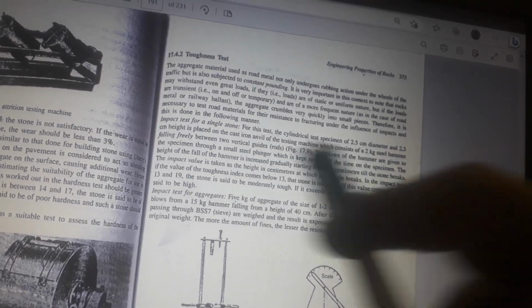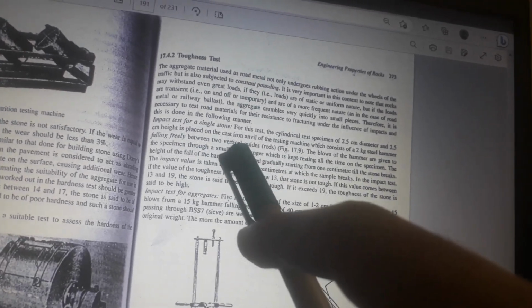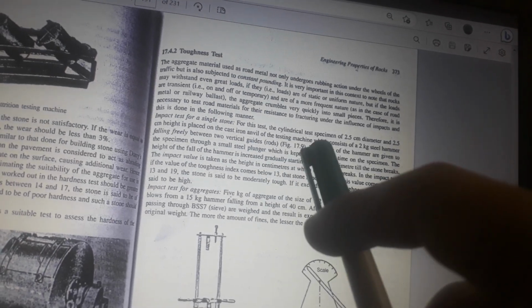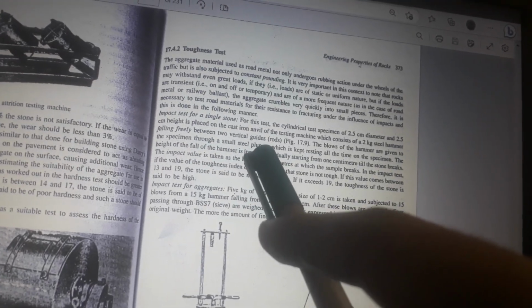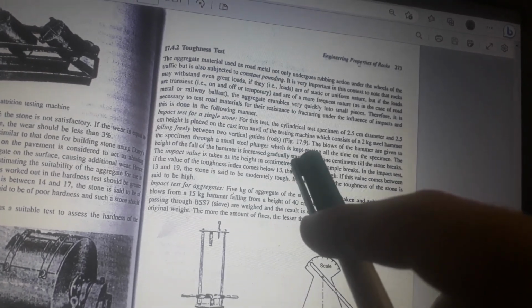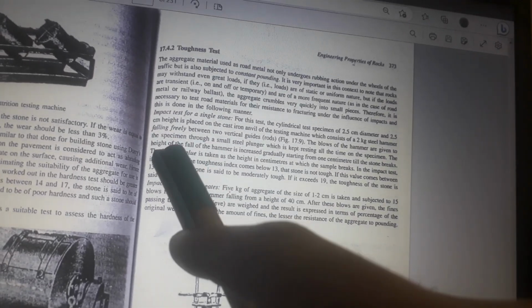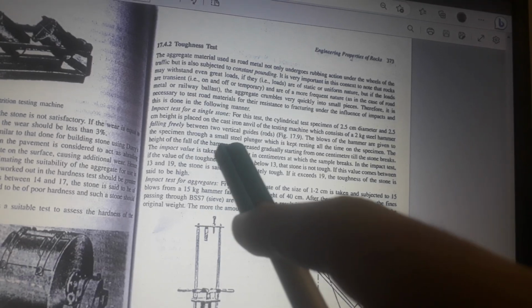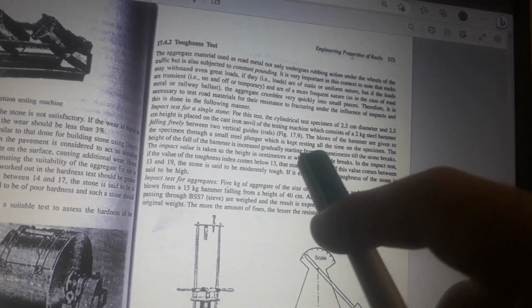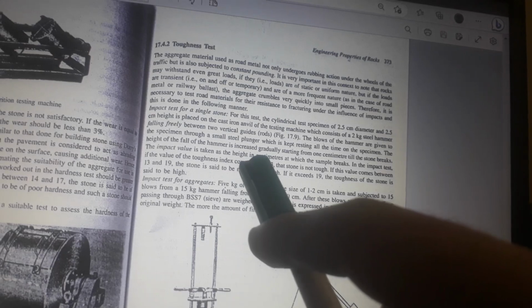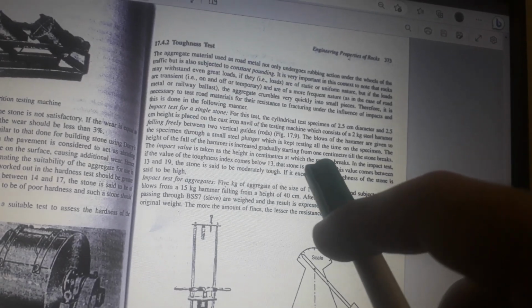The blows of the hammer are given to the specimen through a small steel plunger, which is kept resting all the time on the specimen. The height of the fall of the hammer is increased gradually, starting from 1 cm, till the stone breaks. The impact value is taken as the height in centimeters at which the sample breaks.